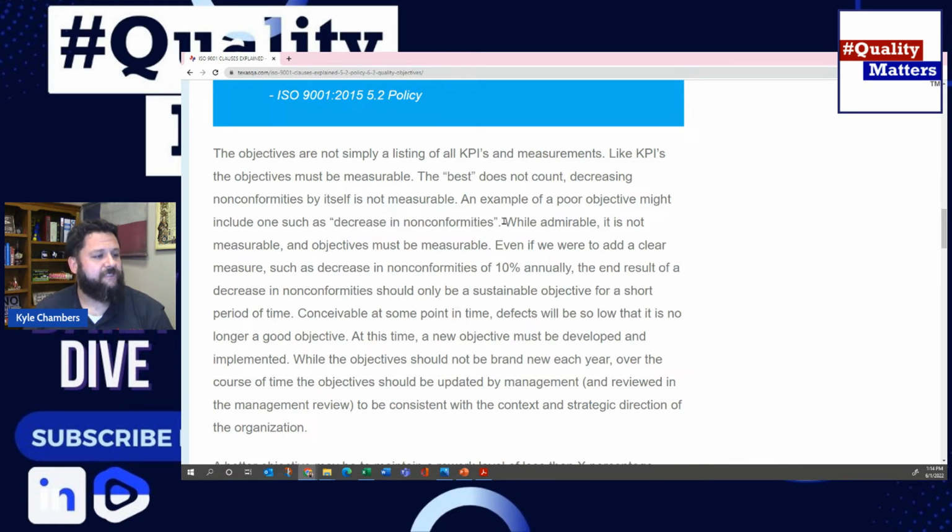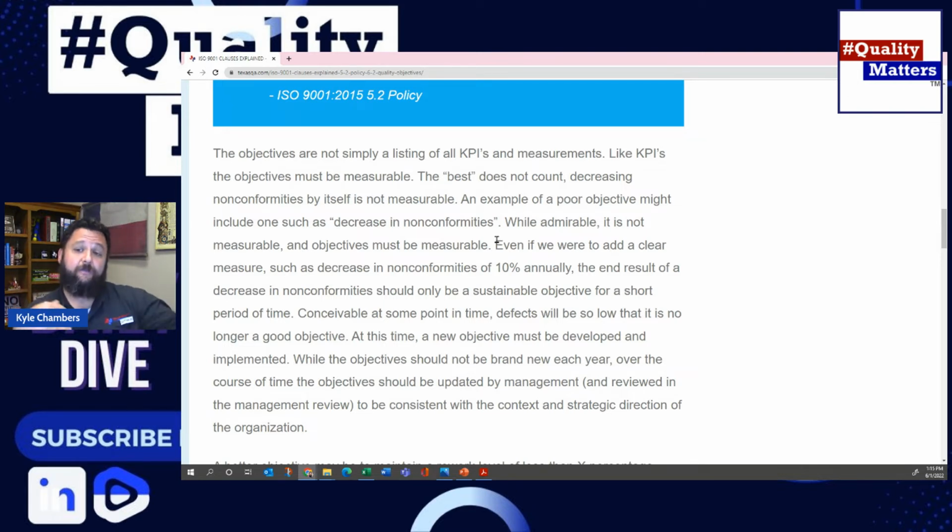It's okay. You can set those things. So that's an admirable goal, but it's not measurable. I can't use it. It's effectively useless. It's lip service. So maybe we could say we want a decrease in nonconformities of 10% annually. Well, that's getting better.